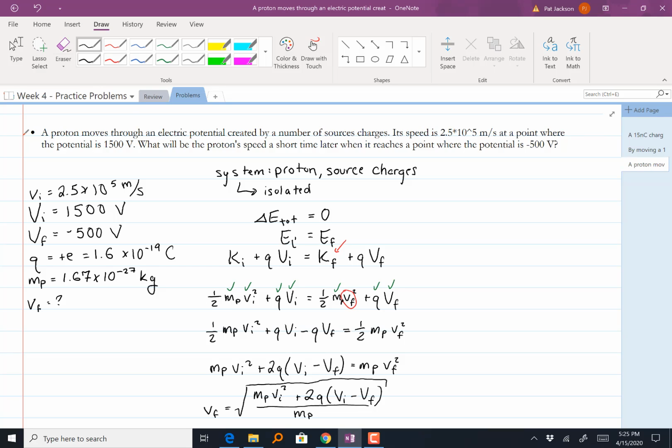And when I plug in my given values, I got a final answer of 6.7 times 10 to the 5th meters per second. So as I'm going from a higher voltage to a lower voltage with a proton, a positive charge, I'm seeing that the speed of my proton is increasing.